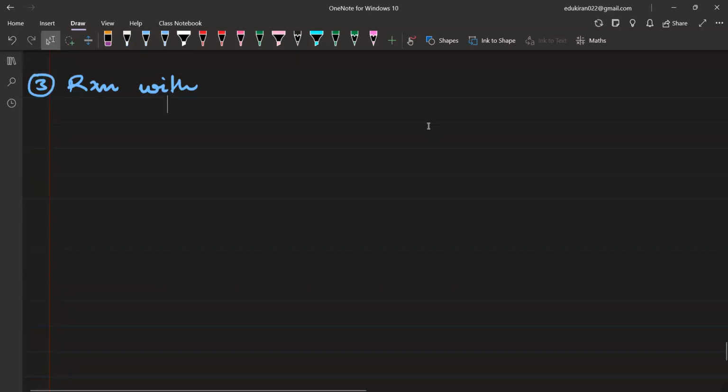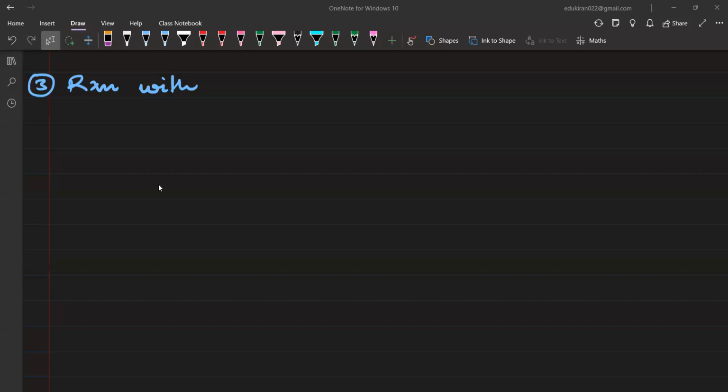Wait a second, the pen is so thick. Reaction with aryl sulfonyl chloride. So what is aryl sulfonyl chloride?